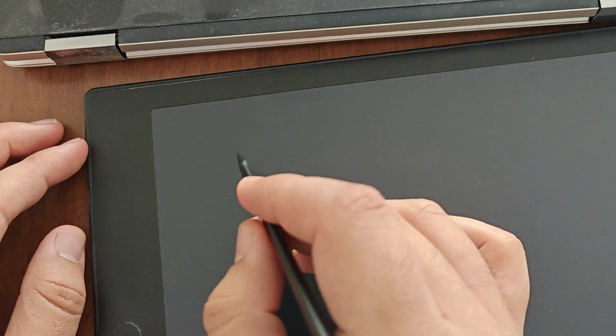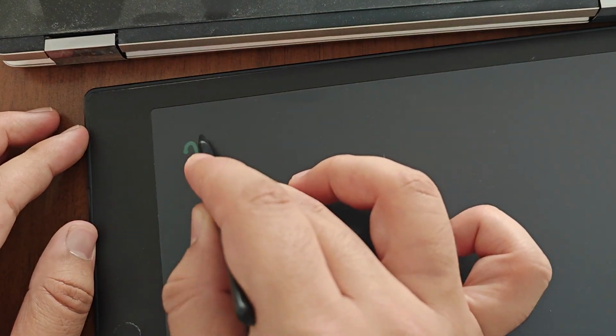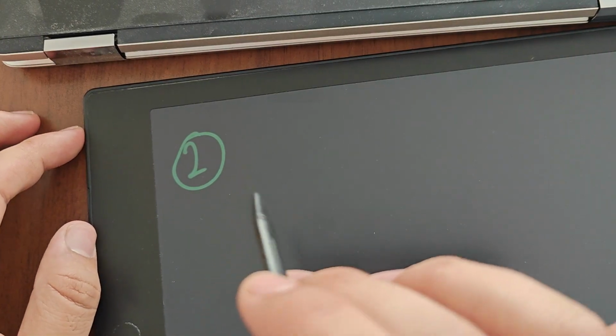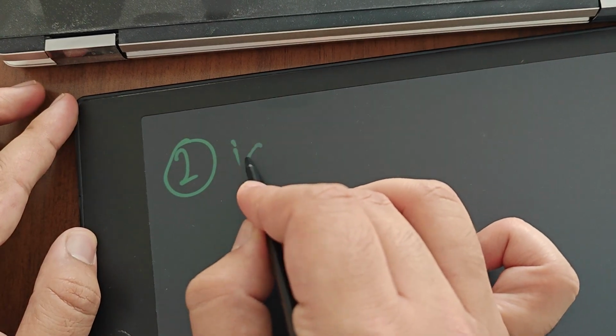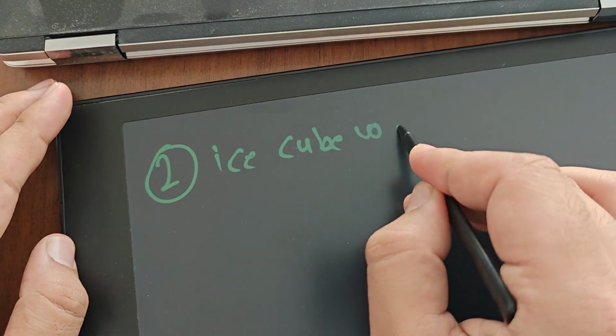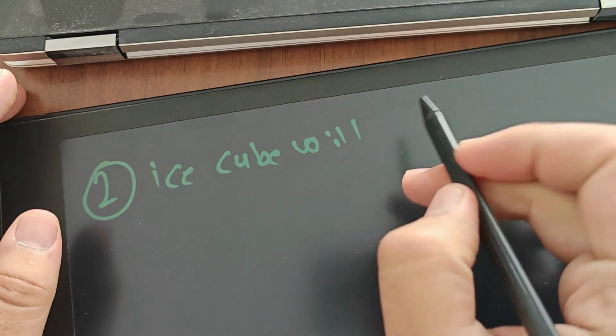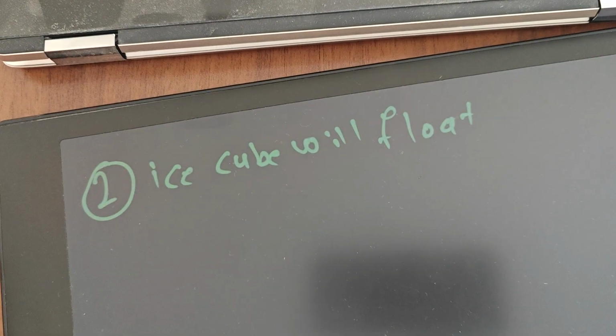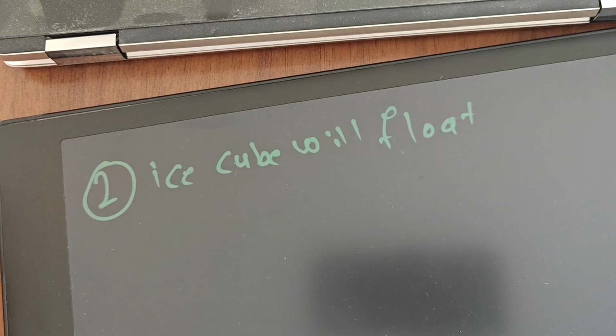First, question 2 answer. Write down: ice cube will float higher in mercury.